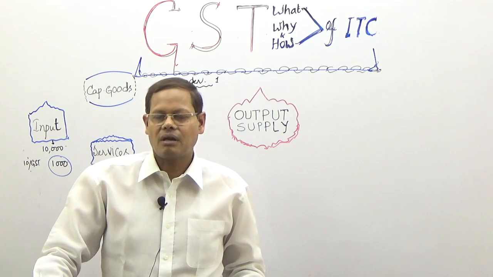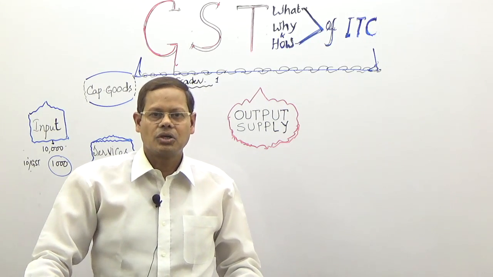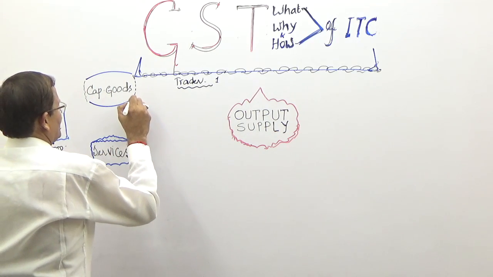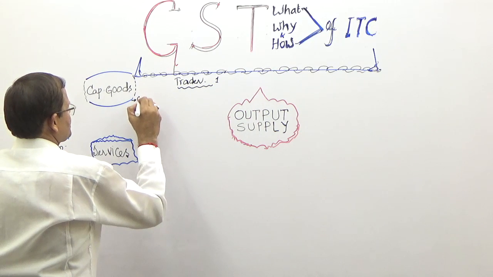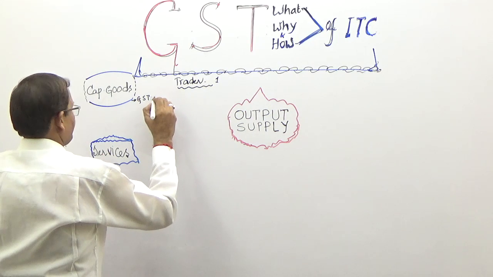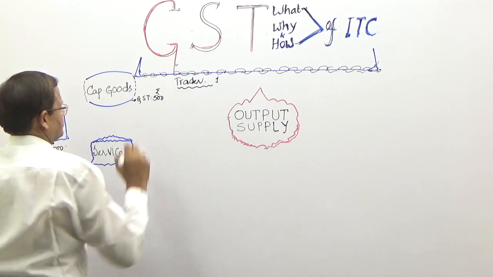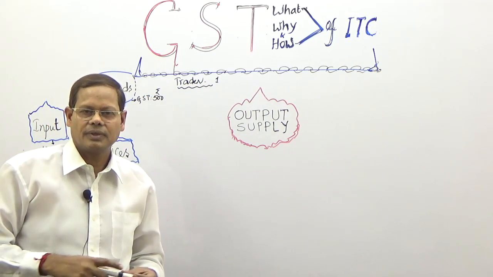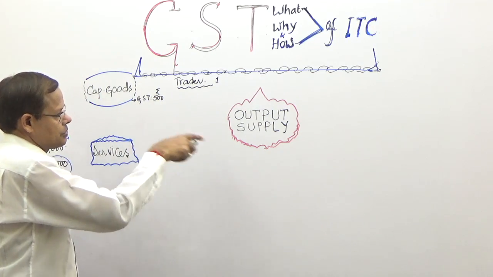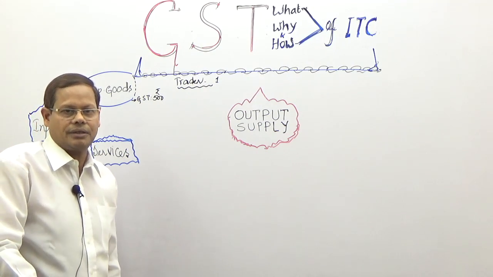These are all of the nature of capital goods, furniture, showcase, etc. On these capital goods, he paid a GST of say 500 rupees. It is tax. I am not taking value, I am straight away taking the tax. So, on capital goods that he is using in the business, he paid 500 rupees as GST.